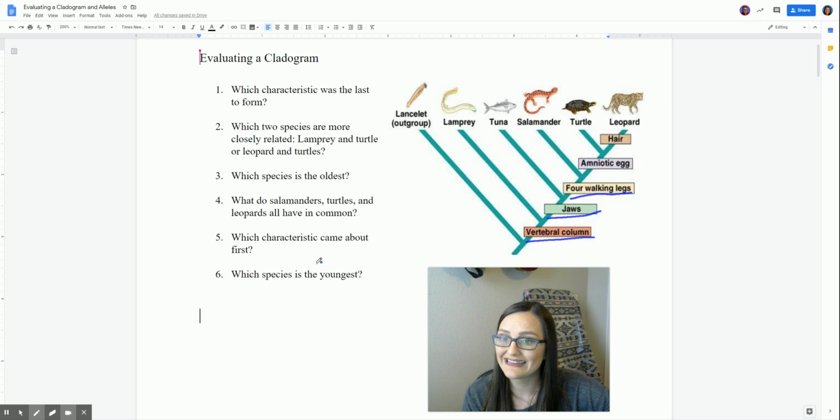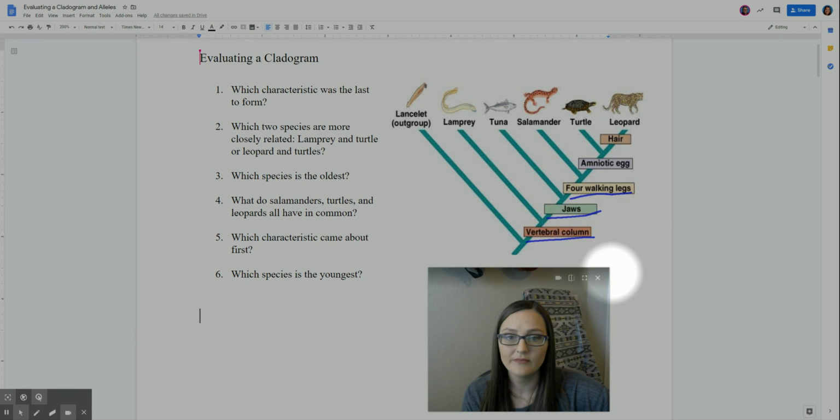All right, which characteristic came about first? So you just travel down that list. You head down the list until you find the very first characteristic. And there it is, the vertebral column. So that would be the first characteristic to come about. Which species is the youngest?